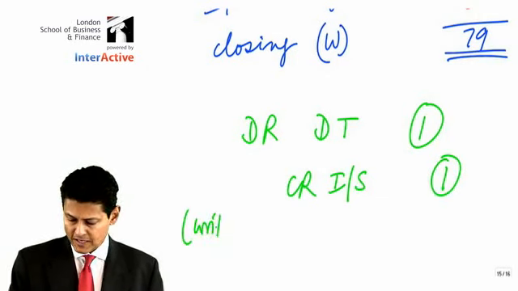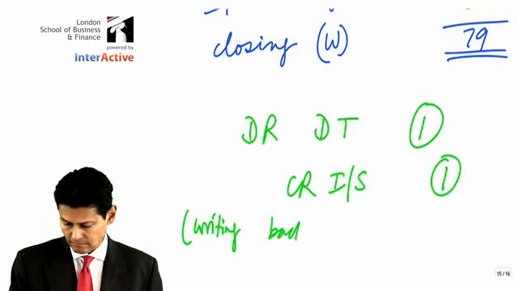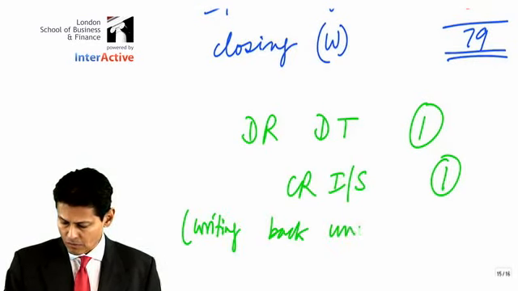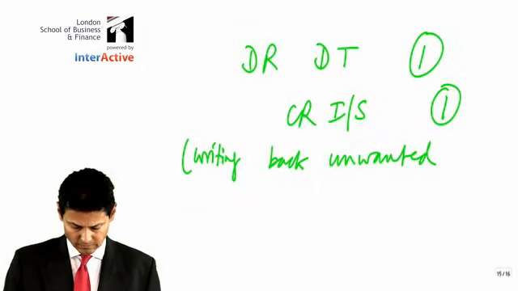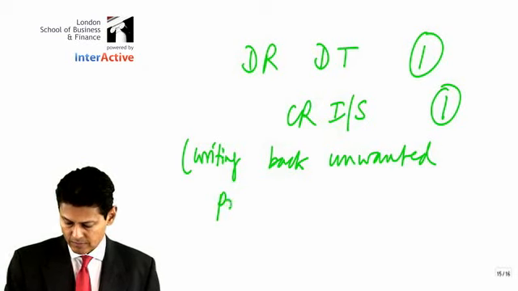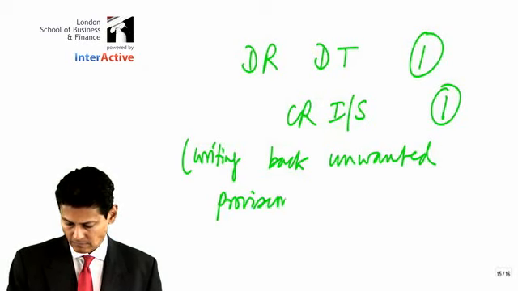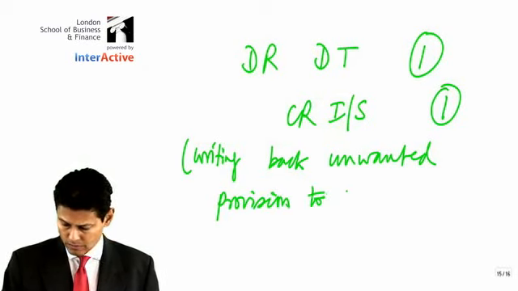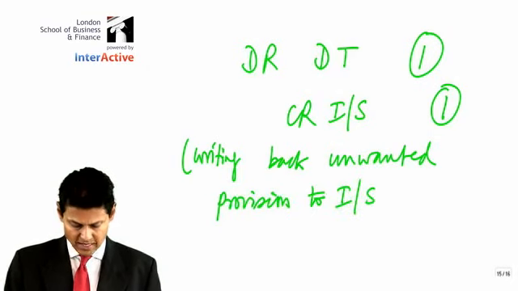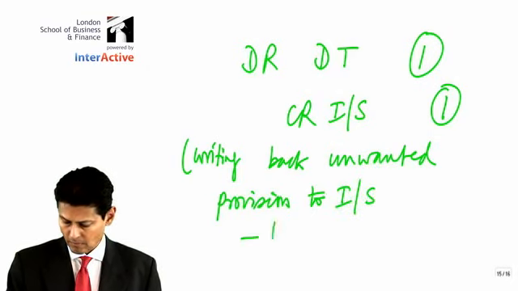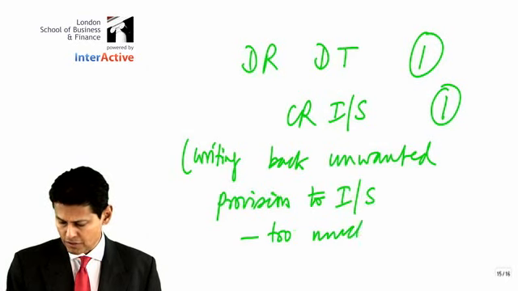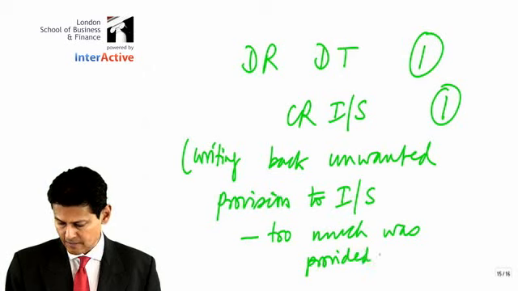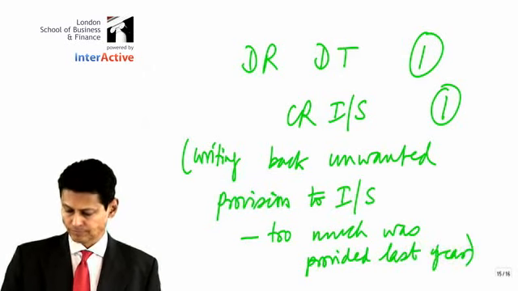Basically you're writing back an unwanted provision to the income statement. Too much was provided last year.